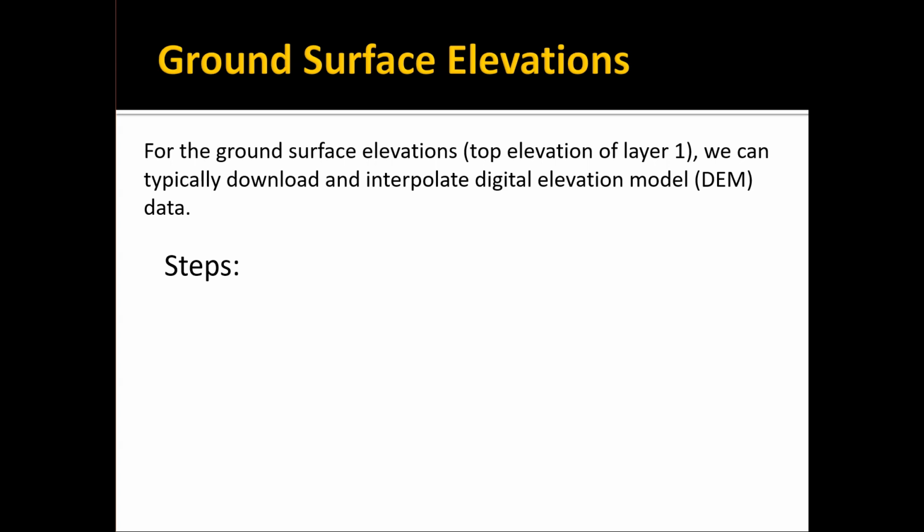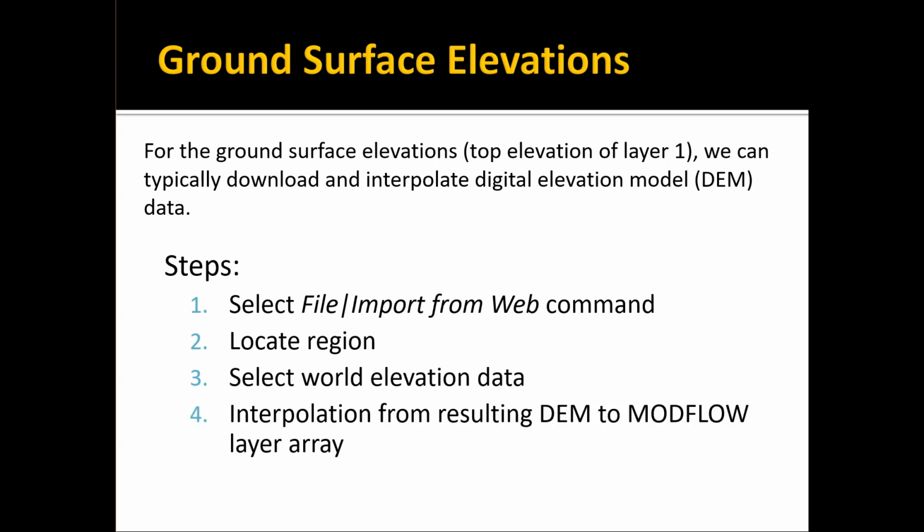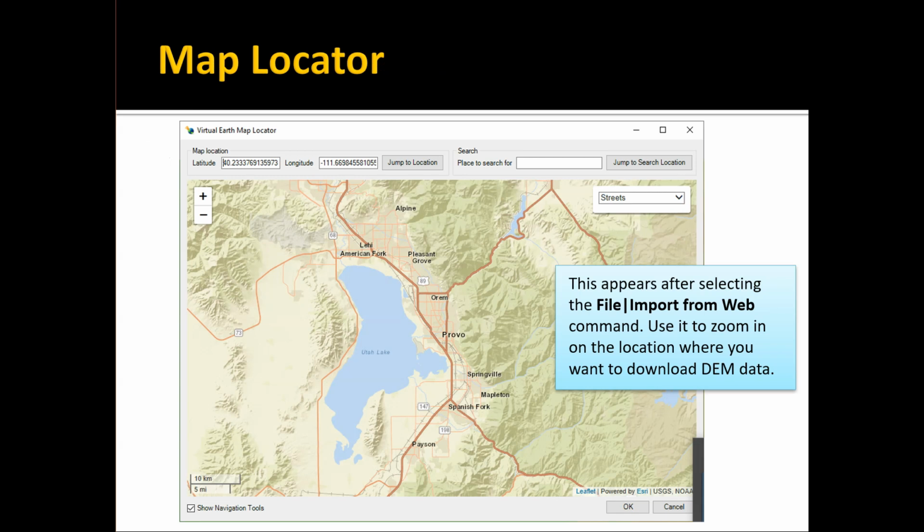Furthermore, there's a way in GMS to very easily get DEM data, ground surface data, for basically anywhere in the world. The steps are, you go to the File menu, select the Import from Web command, locate your region, select World Elevation Data, and then interpolate from the resulting DEM to your MODFLOW layer array.